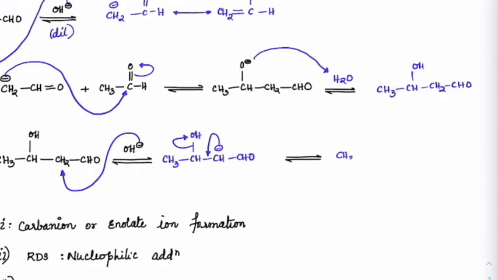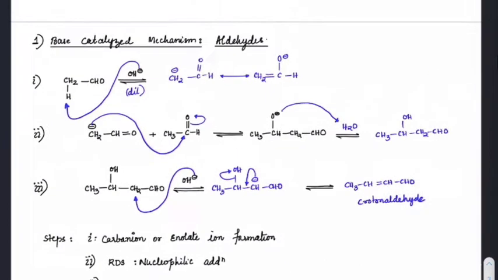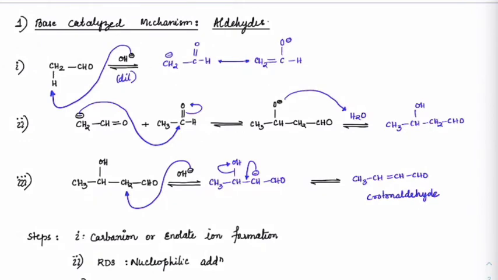So we'll get CH3 CH double bond CH CHO. This is crotonaldehyde. Just remember that the alpha beta unsaturated aldehyde is crotonaldehyde.